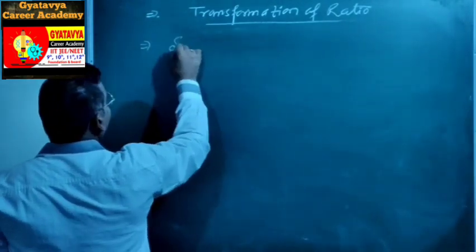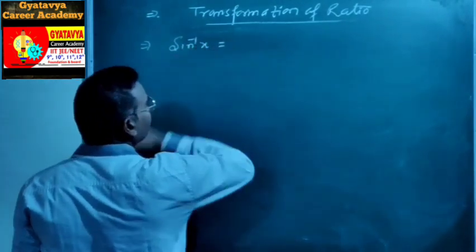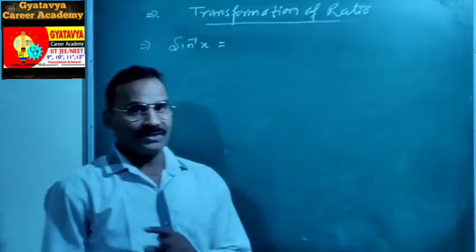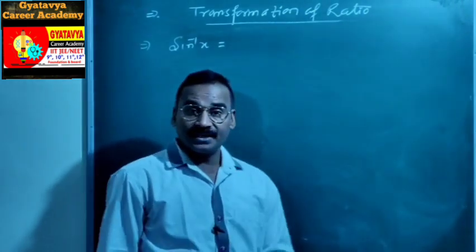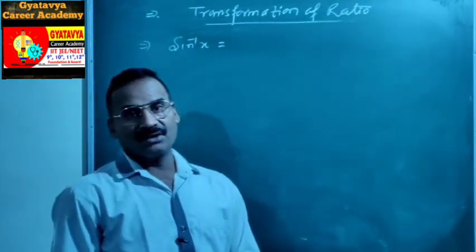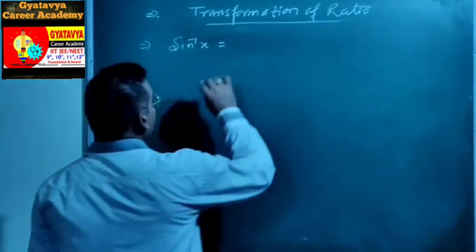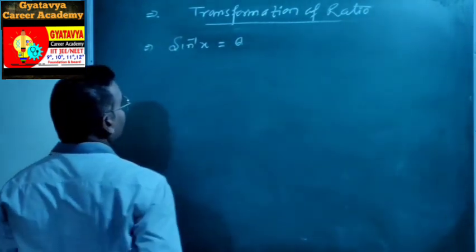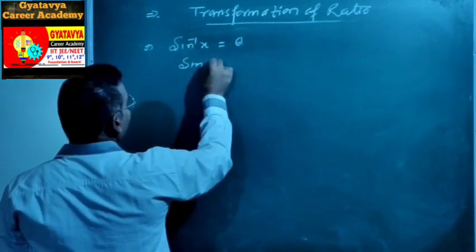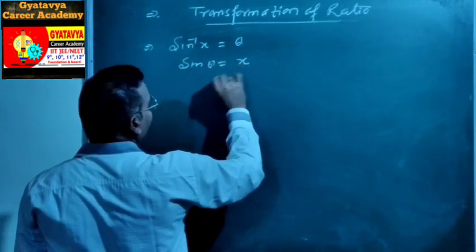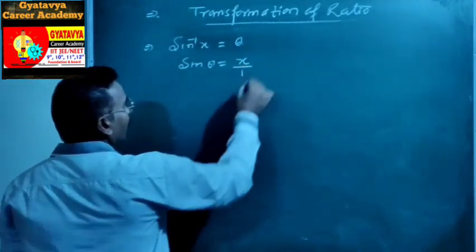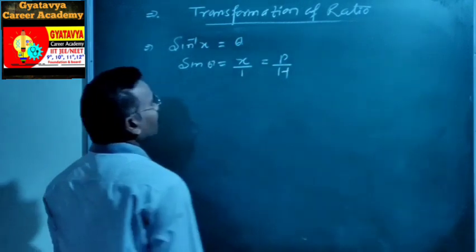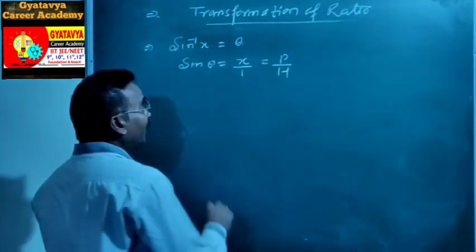Suppose you are given sine inverse x and you have to convert it in tan inverse, cot inverse, sec inverse, and also cosec inverse. So this is the value of theta. Sine theta is equal to x, and we can write x as x upon 1, perpendicular upon hypotenuse. Now we need the base.